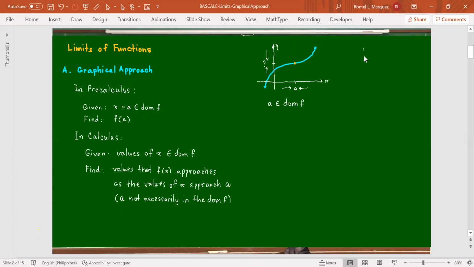It is also possible that a is not in the domain of f. So this is x, this is y. And let's say this is a. Again, a here is not in the domain of f.